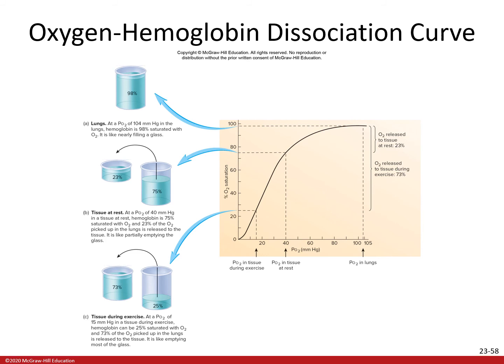That's what it's showing you, with each percent of oxygen saturation over on the left, and in comparison to where it is with the partial pressure of oxygen on the bottom.